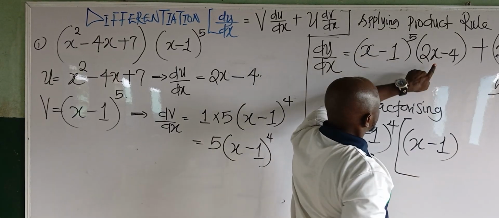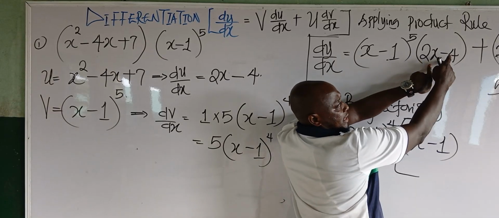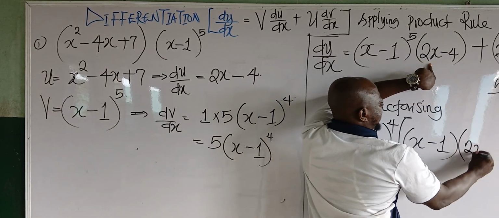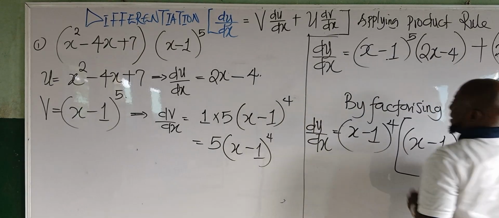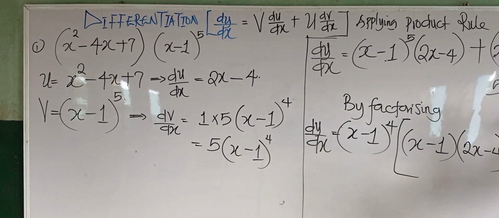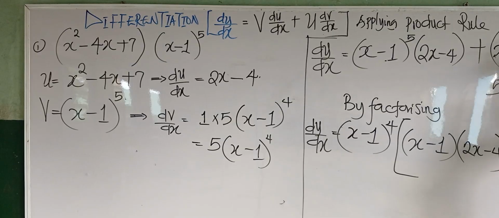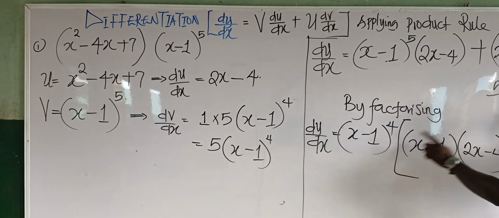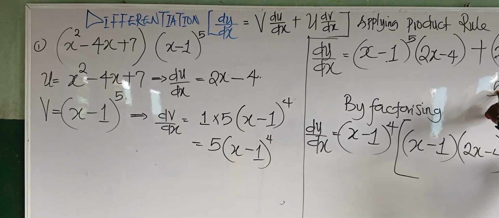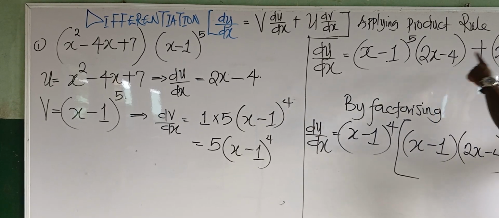Next up, this cannot divide this, obviously. So I will just write this down. They cannot divide, I'll just write it down. So plus. Now, this can divide this one to give us 1. If this cancels this, we're having 1. 1 times 5 will give us 5. So I'm going to repeat this value like this. Watch me.